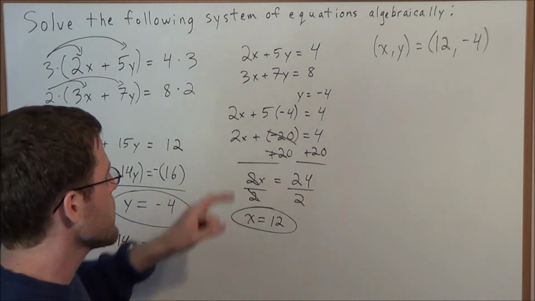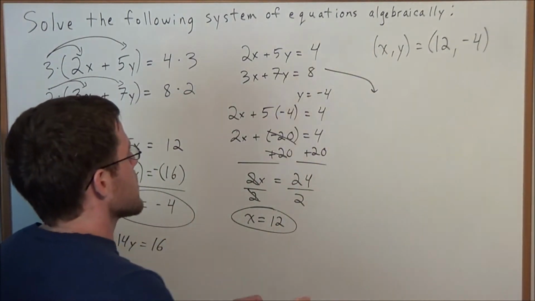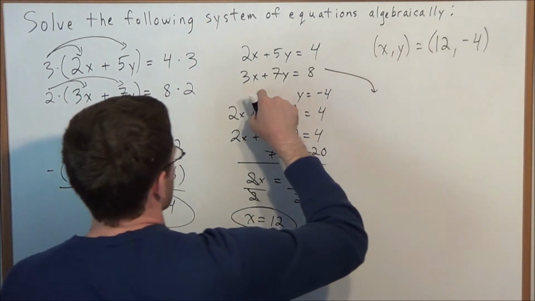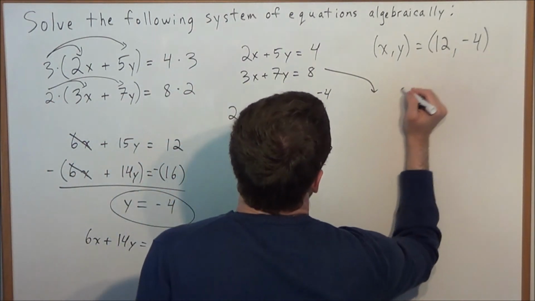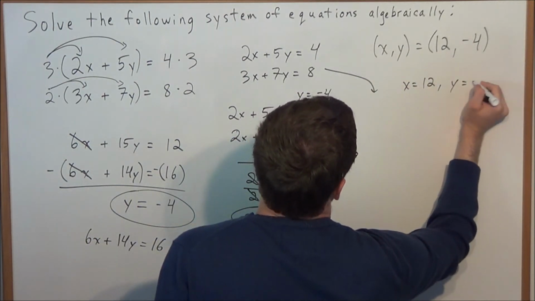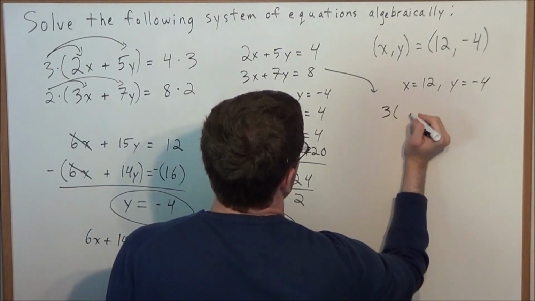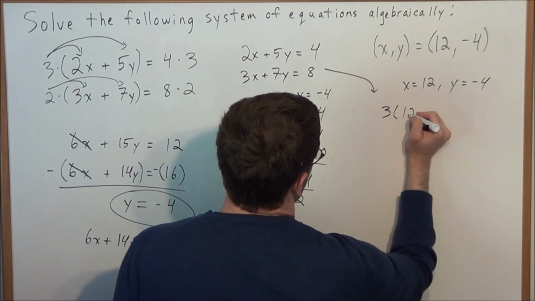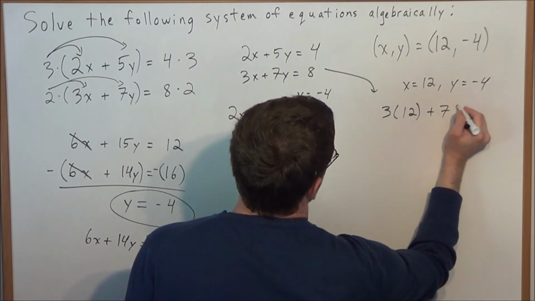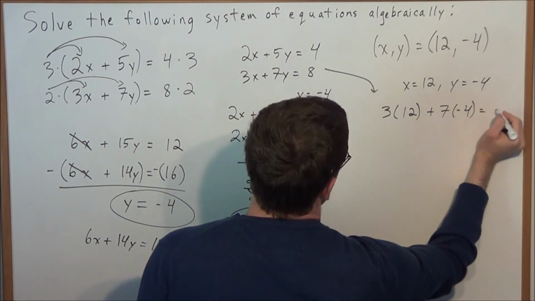So now I would recommend this next step, if this were on a test: substituting the solution you just found into the second equation. So we're testing out x equals 12 and y equals negative 4 in the second equation. So we have 3 times x, but we're replacing x with 12, plus 7 times y, but y we found to be negative 4, and this should equal positive 8.